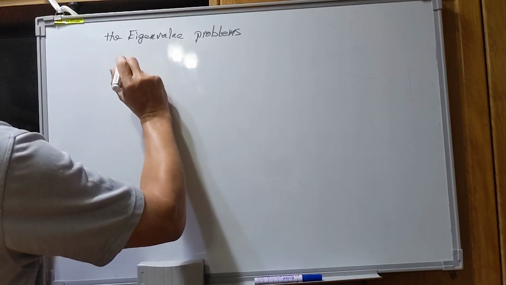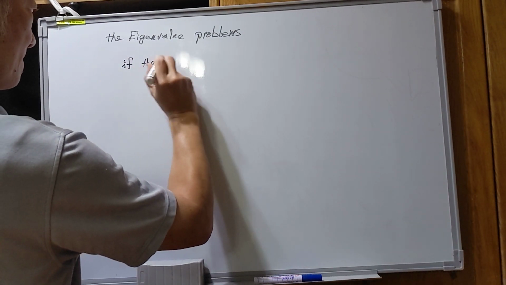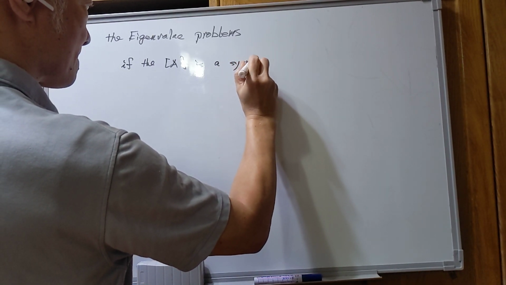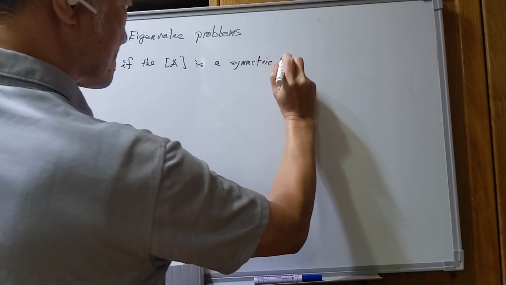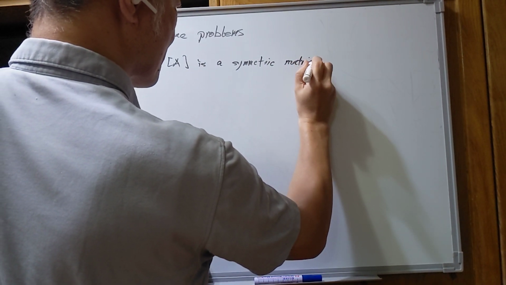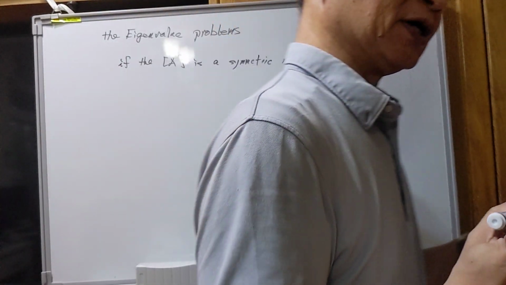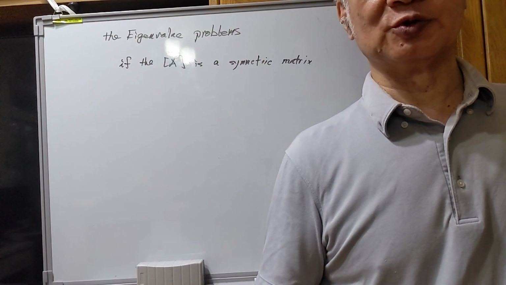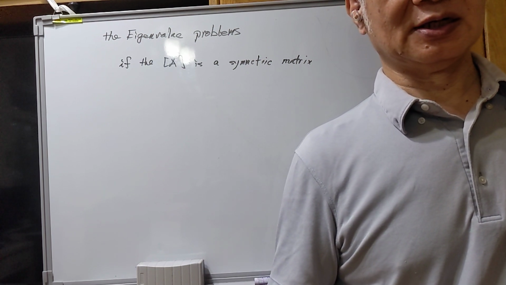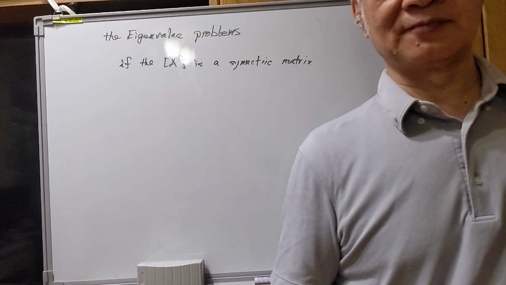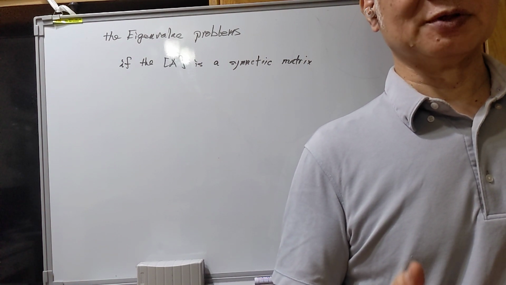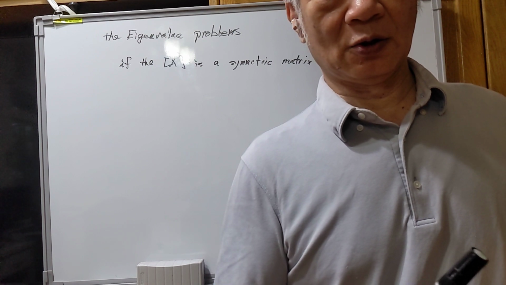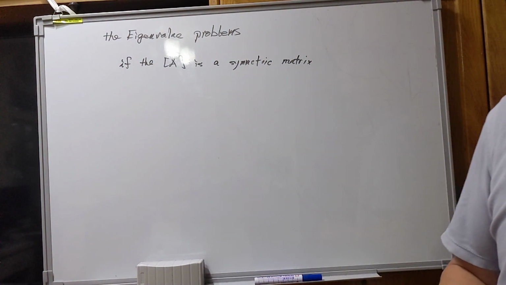However, the important thing is if the A matrix is a symmetric matrix, which is true for the structure analysis problems, since all the stiffness matrices, no matter whether it is the element stiffness matrix or the global stiffness matrix, must be symmetric matrices.